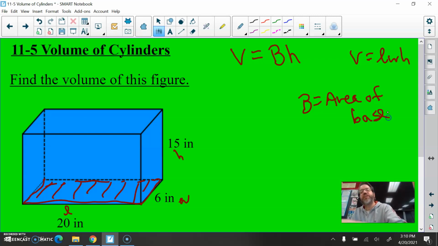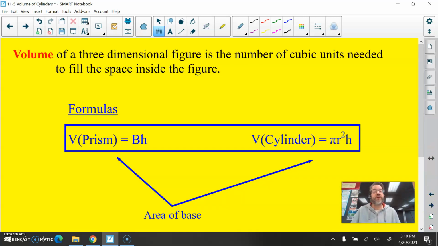We could actually use this same formula when finding the volume of a cylinder. Here, I'll show you. Because here's your formula for finding volume of a cylinder. We have volume of a prism is big B times H, area of the base times the height. Well, with the cylinder, we could find the area of the base and take that times the height of the cylinder as well.